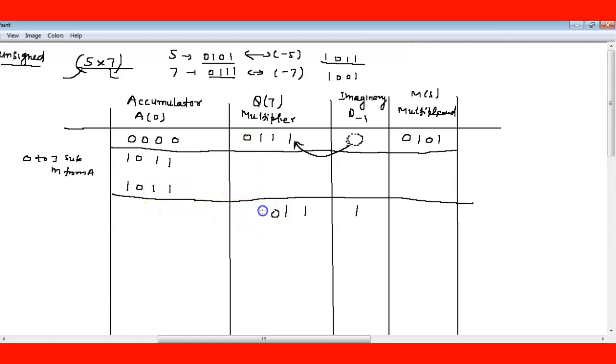Here this 1 will come, and this is 1, this is 0, and this is 1, and here it will be empty. All these numbers, whatever they were, if you write them also it is no problem: 0 1 1 1, and this one was 0. We have just done the right shift.